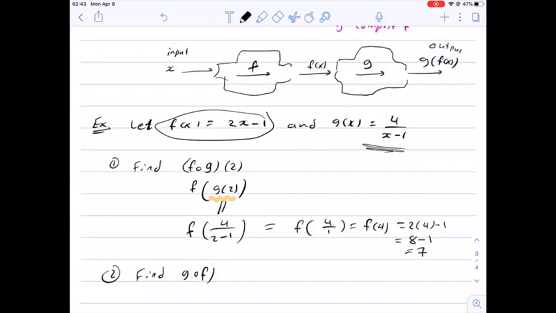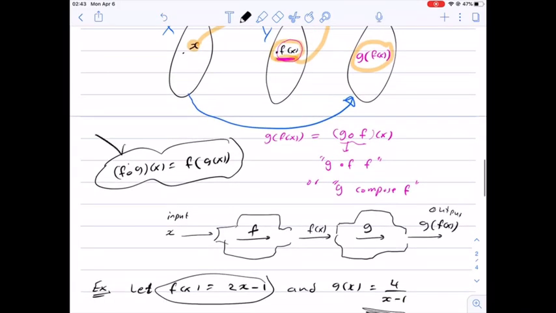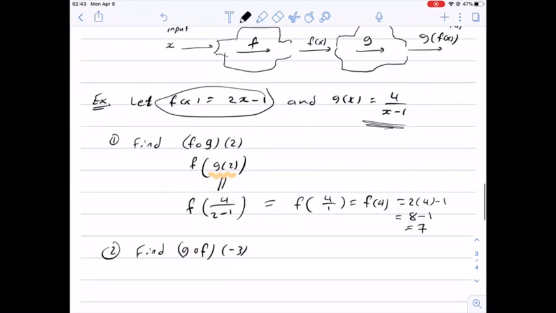Second, we want to find g circle f of negative 3. Applying the same formula here, this can be written as g of f of negative 3, where this is the outer and this is the inner.